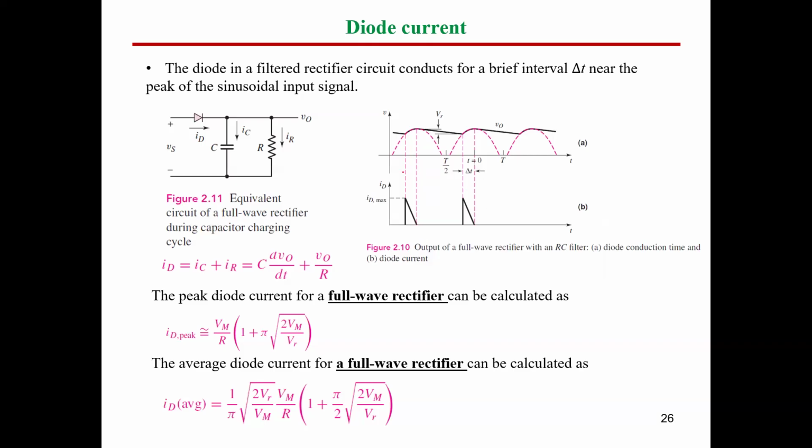We agree together, guys, that in this period from here to here, the diode is on. Other than that, our diode is off. According to the current, if you find here the I diode, you can say I diode equals I load plus I capacitor, I load, IR plus IC.